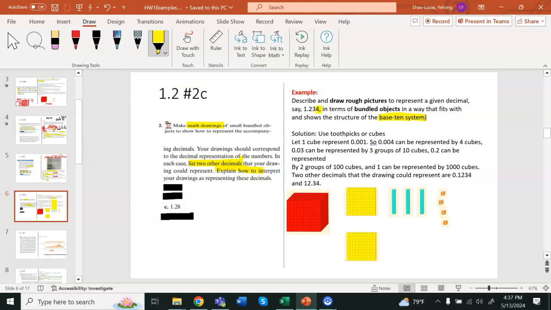The reason is, if you start from the biggest, say 1 cube represents the number 1, then how do we represent 0.1? 0.1 is 1/10 of 1, which means you have to cut this cube into 10 equal parts, and one little part will be 0.1. But it's impossible to cut a cube, so you don't want to do cutting.